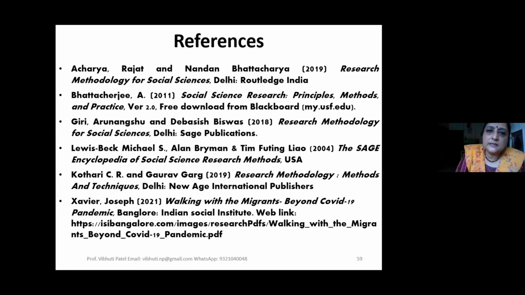I have specially quoted the fifth reference, Walking with the Migrant, which was done with participatory action research. The researchers were walking with the migrants when they were going back during the COVID-19 pandemic, and that helped in giving insight into the problem of interstate migration, rural-urban migration, and cross-country migration, and what kind of new laws and new support systems, especially the question of housing, the state has to play in terms of providing social security and social protection to the migrant workers.